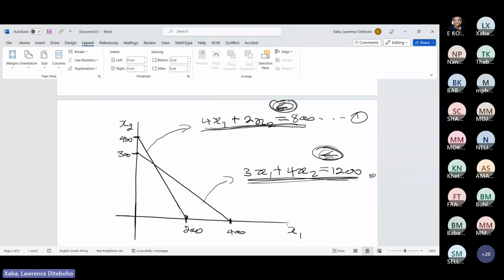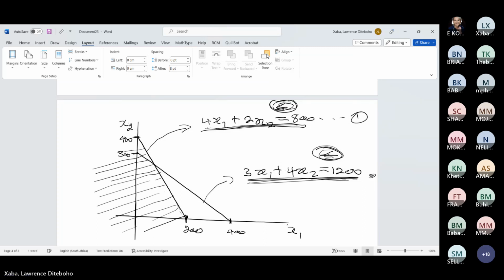So we are shading from that line. We don't go beyond. We just follow the direction of our inequality sign. This is how we're going to shade. It's unfortunate I don't have different colors. I only have this one. So we shaded following the inequality sign from the line that represents that equation.